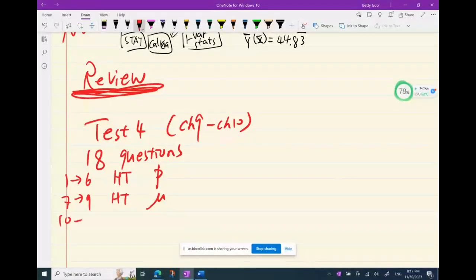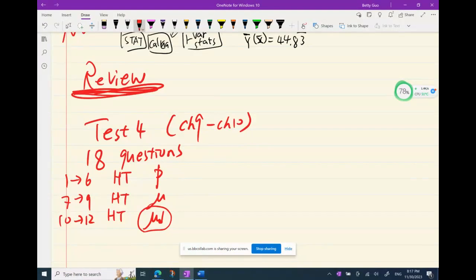Number 10 to number 12 is about, yes? Question? Oh, okay. So from number 10 to number 12 is about hypothesis testing of, do you guys remember what that is? The mean of the differences, right? With two variables, they are dependent.